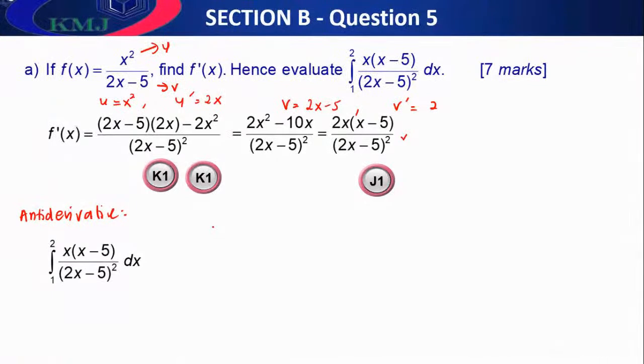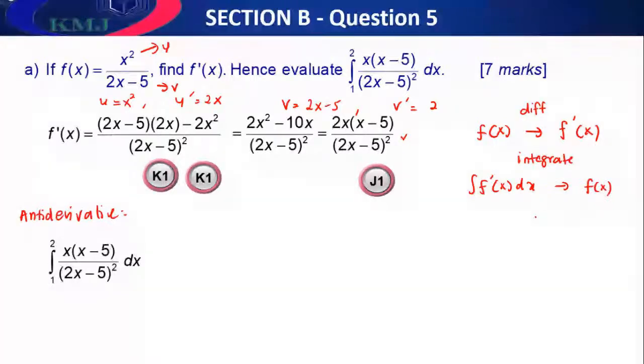So if you have f(x) and you differentiate, then you will get f prime x. Since it is antiderivative, if I integrate f prime x dx, then you will get f(x).